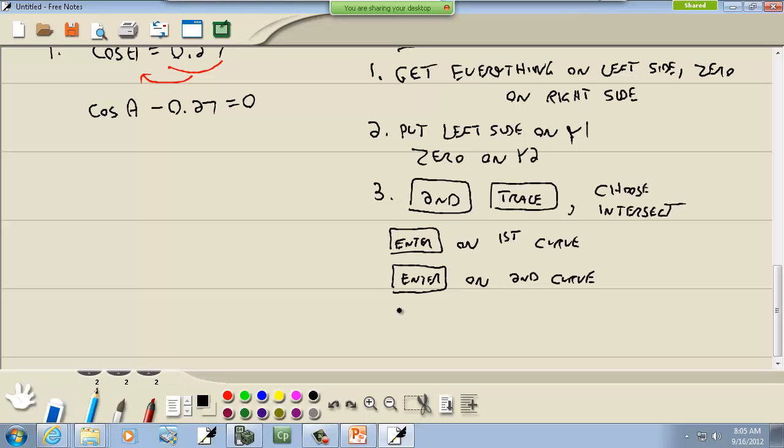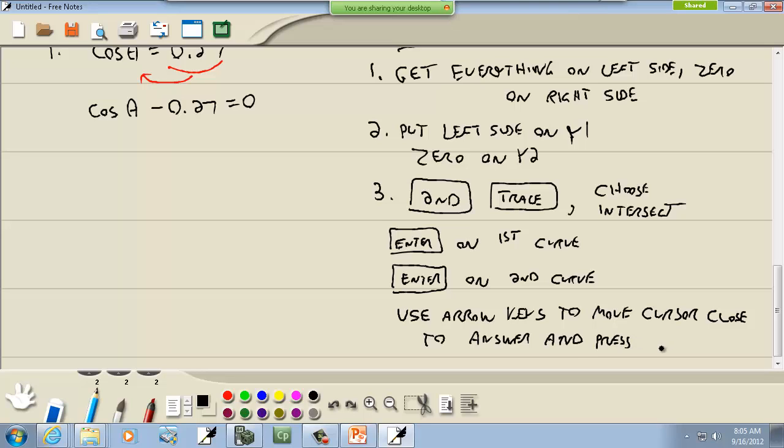Now, what we're going to do is use our arrow keys to move the cursor close to your answer and press your enter.